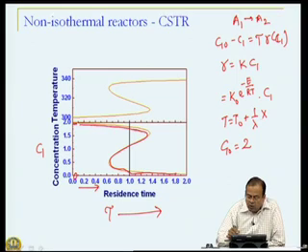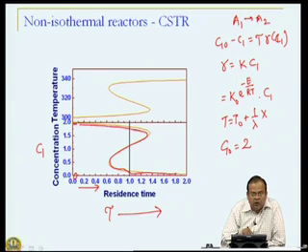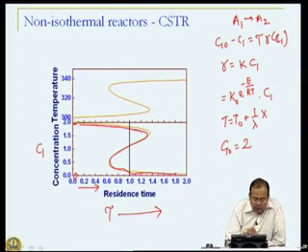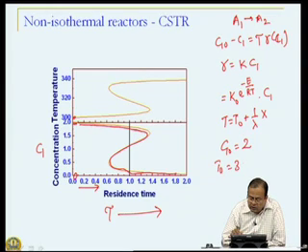Now, since our concentration is changing in this particular manner, we can write temperature, because temperature is related to concentration, and therefore, temperature, for example, inlet temperature T naught I have taken as 300.